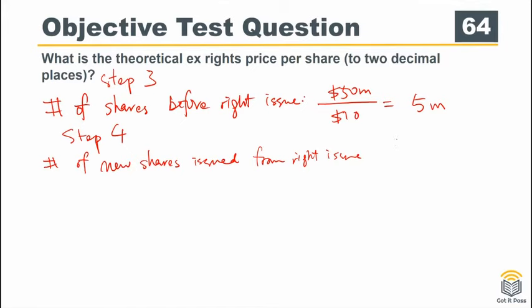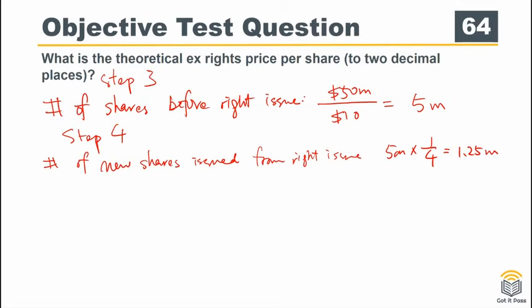Because it's 1-for-4, for the shares we divide by 4. So in other words, the number of new shares to be issued is 1.25 million.